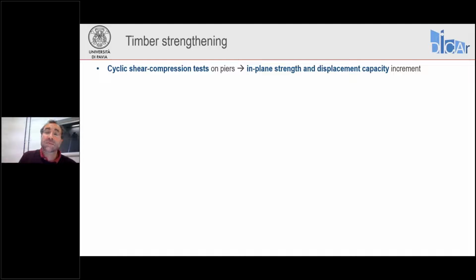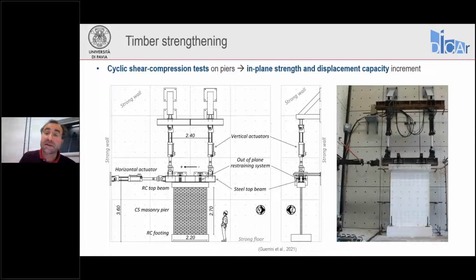In this case, let's look directly at the cyclic shear compression test on piers. The setup is very similar, but in this case, we didn't have spandrels connected to the pier. We just looked at the connection between the pier and what would be a foundation and a top floor, just by connecting it to the footing and to the top reinforced concrete beam, which are part of the testing setup.